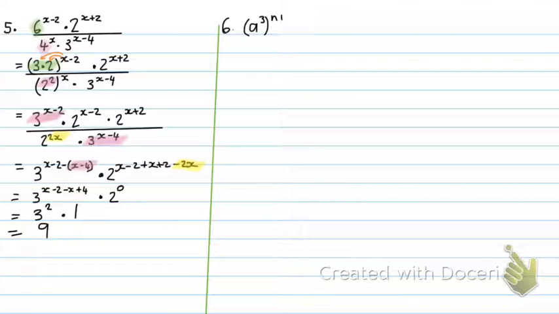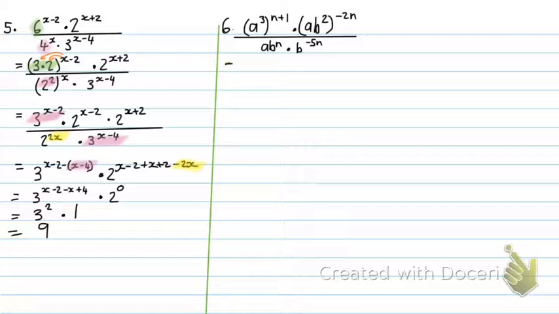Number 6. a to the power 3n plus 1 times ab squared to the power negative 2n over ab to the power of n, that should be in brackets, and b to the power negative 5n. So then I multiply the 3 in, so it's going to be a to the power 3n plus 3.